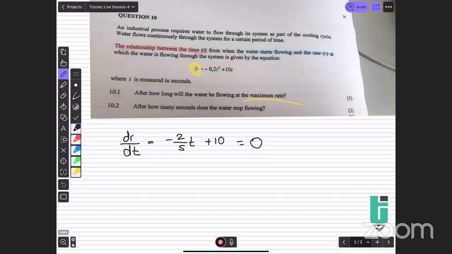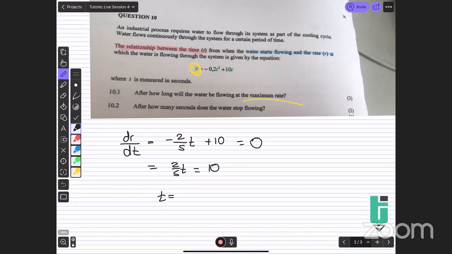Take the 10 over, so it becomes negative 10. Actually, make it 2/5 t equals 10. It's easier. Just take the 2/5 t over, then it's positive. Then we divide by 2/5. That's the same as timesing by 5/2, which is 25.